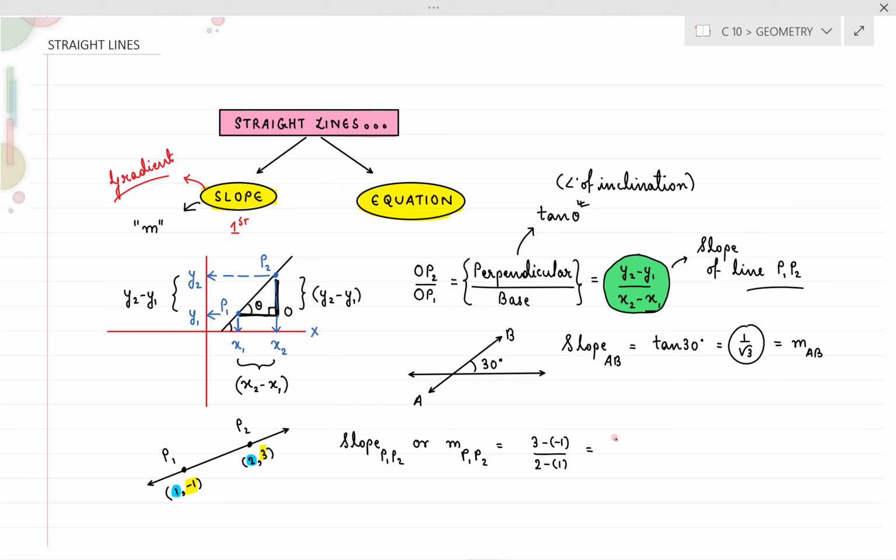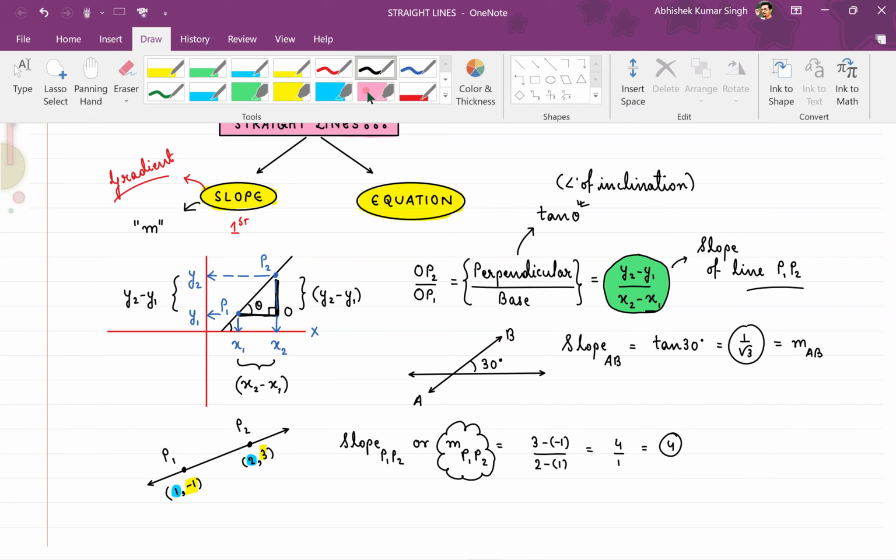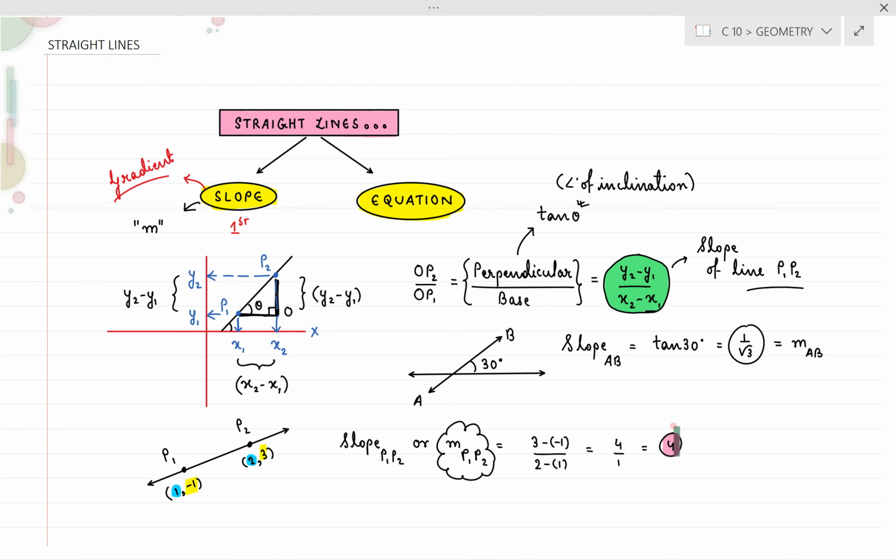So it becomes 3 plus 1, that is 4, and 2 minus 1, that is 1. So that is equal to 4. So the slope of line P1 P2 is equal to 4.